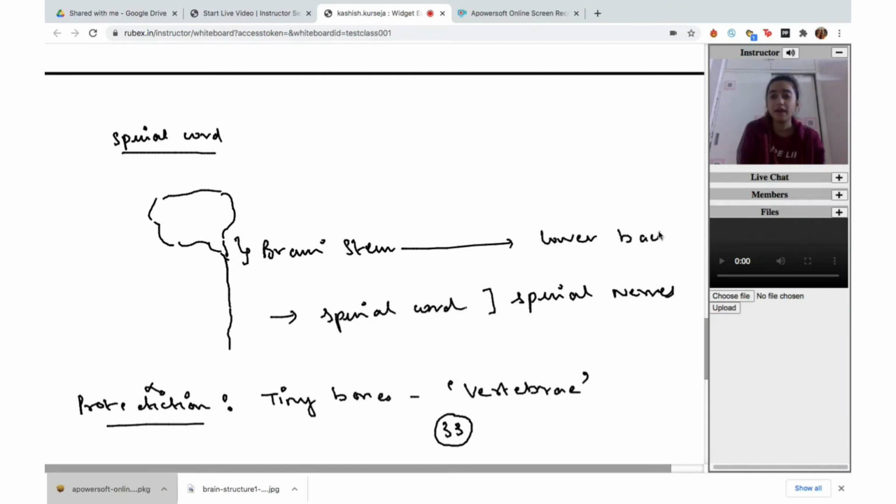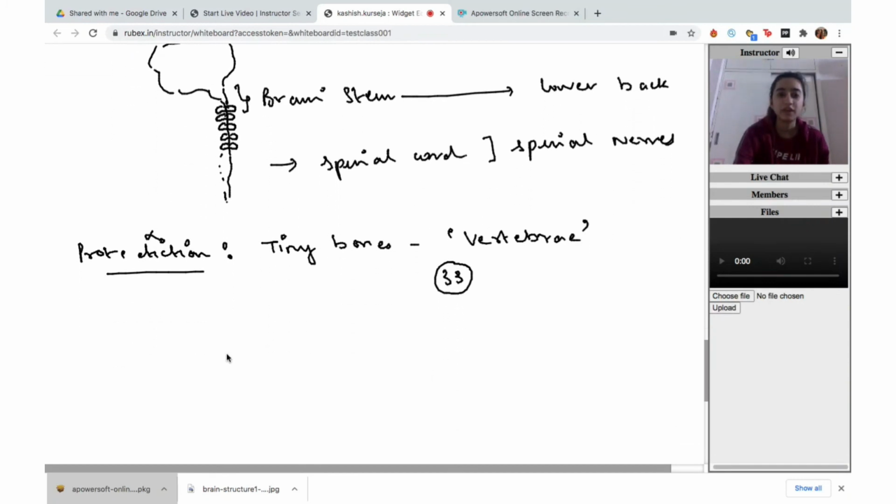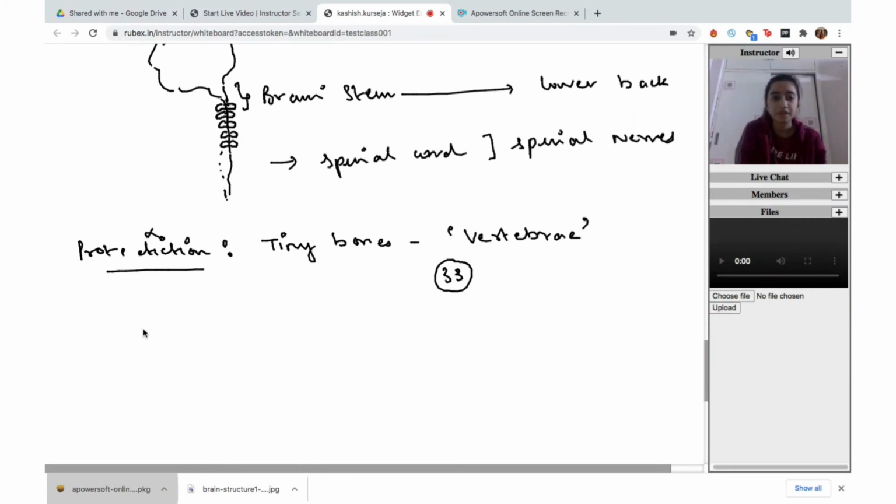to your lower back, 33, and it's somewhat like this: एक vertebrae, second, third, 4, 5, and this is how it continues till the end of your spinal cord, and there are 33 in number. These 33 vertebrae together combine to form the vertebral column.